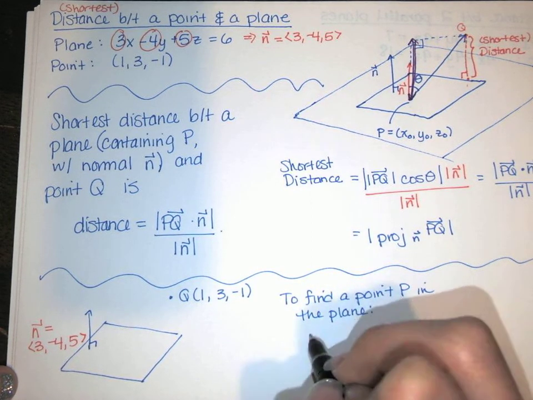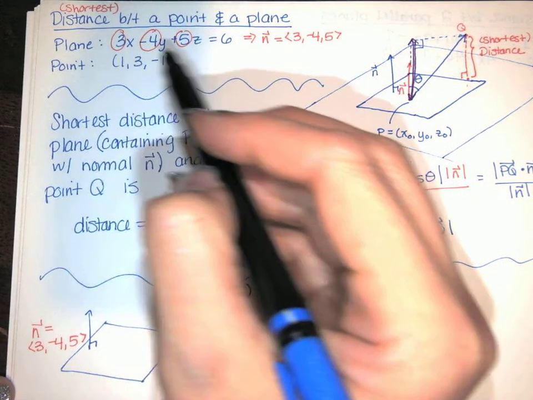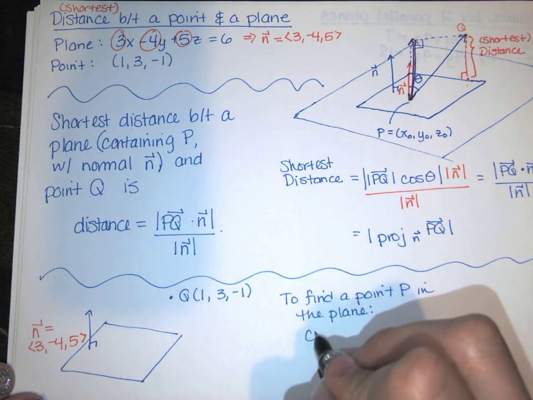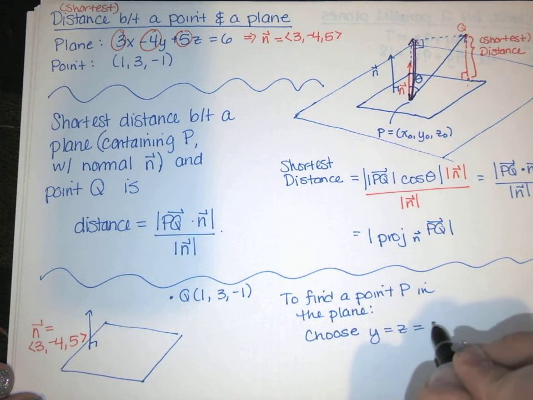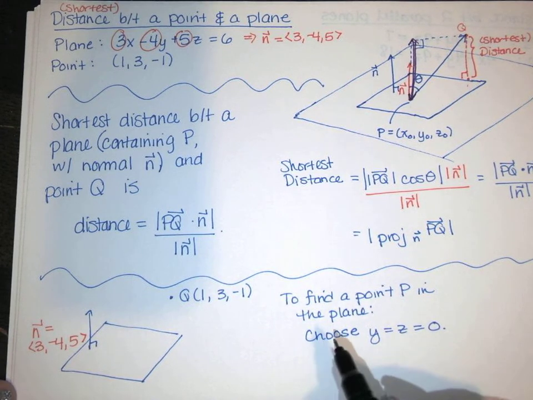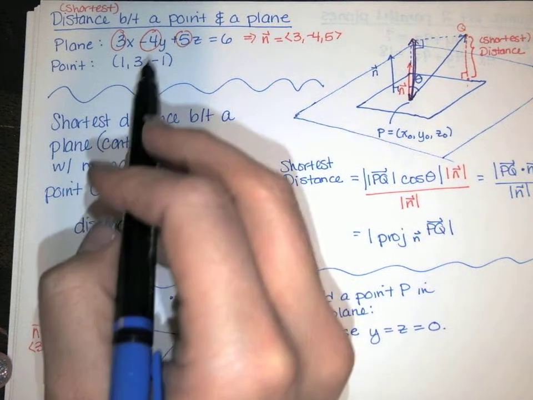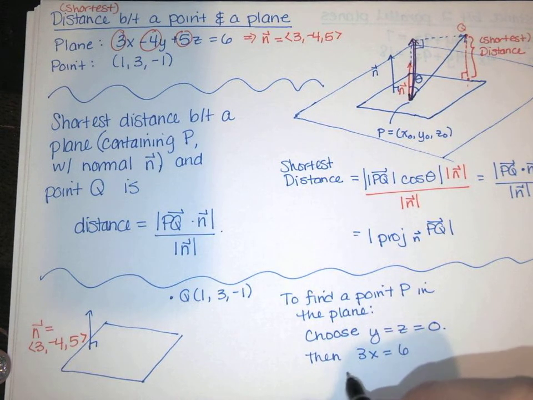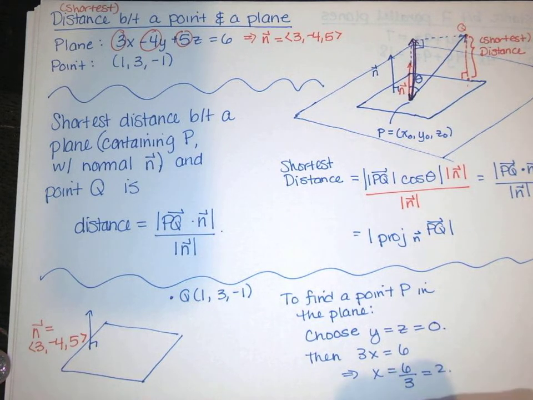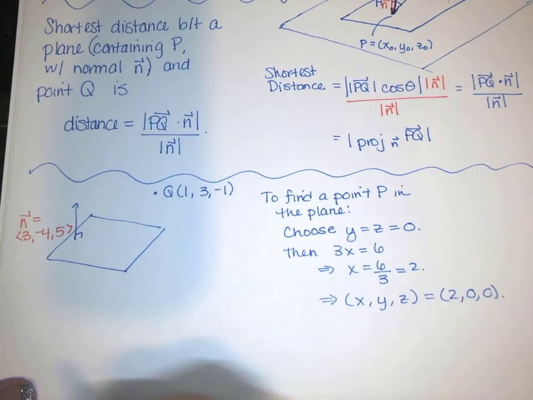And then once you know that y and z are both 0, then you have 3x has to be 6, so x must be 6 divided by 3, which is 2. So x, y, z, one point in the plane is just 2, 0, 0. All right, so that's P.